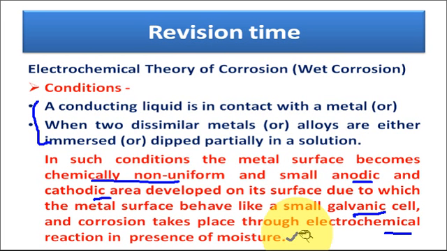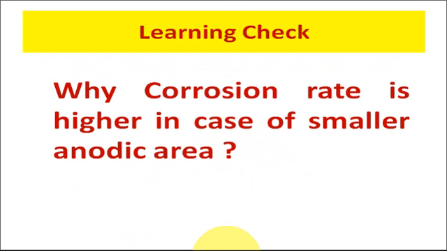These electrons are consumed at the cathodic part. So the second step is the flow of electrons from anode to cathode, because electrons are released at the anodic part but consumed at the cathodic part. And third is the formation of the corrosion product between anode and cathode. So that's all for today's class.